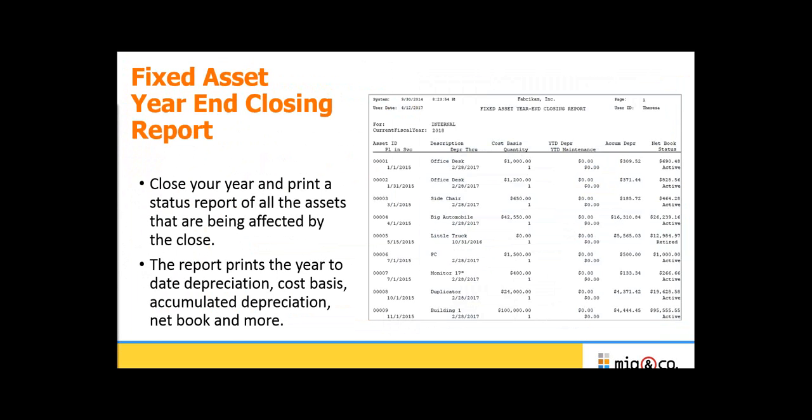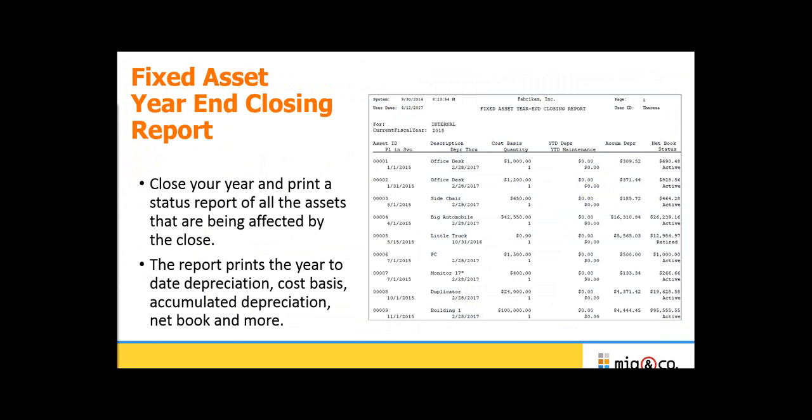And that report prints out the asset ID, the asset description, cost basis, the year-to-date depreciation, accumulated depreciation, the net book value, placed in service date, depreciated through date, quantity, and status.